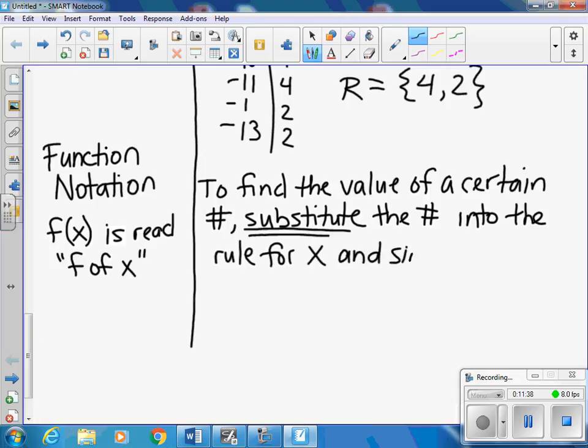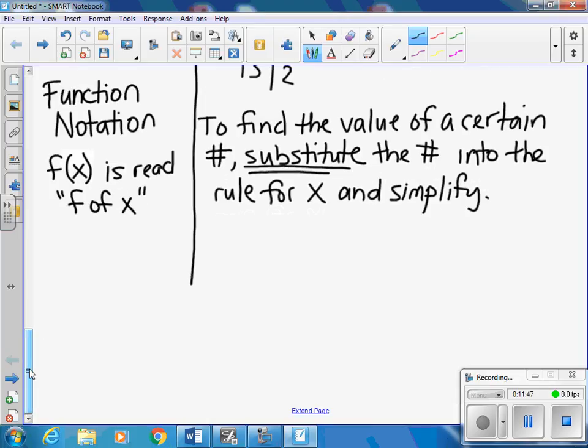And by simplify, I mean use the order of operations. Here's what a few of these are going to look like. We're going to do about 2 of them, and then I'll show you a third example that involves it in a different way.